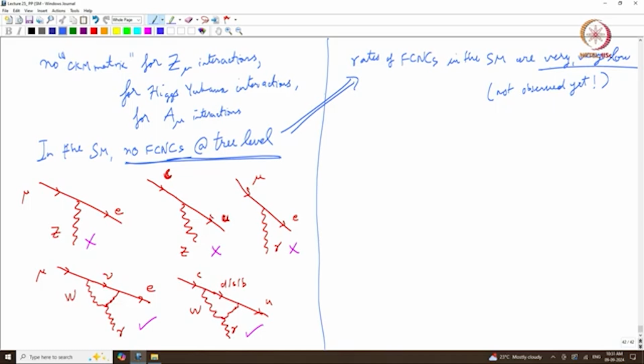Now let us move on to something that I have slyly already introduced in these diagrams, which is a CKM matrix for the lepton sector. See, already I have made use of something here. Here I am saying that you can have a mu going to a nu with a W, and I did not tell you what flavor that nu is. I am going to tell you that could be any flavor, just like over here you had any flavor, this could have been any of the 3 flavors.